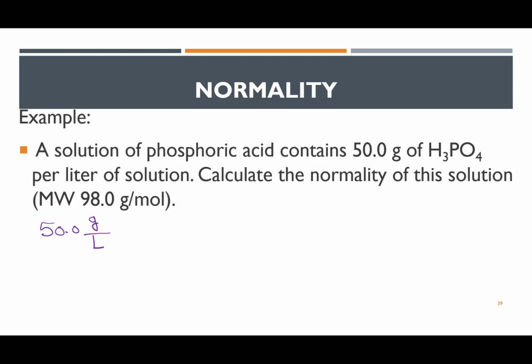50.0 grams per liter, I'm going to convert it to molarity using the molar mass, or the molecular weight, of phosphoric acid. I'm going to set up my equation so that the mass goes away and I end up with moles of phosphoric acid. As you can see, the gram is going to go, and I will end up with a mole per liter of phosphoric acid.